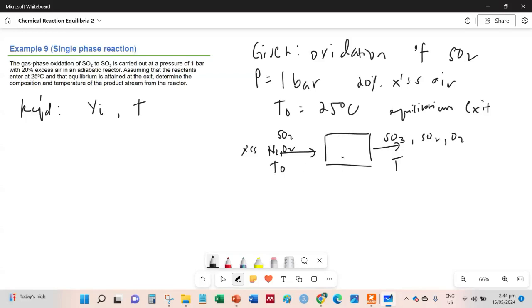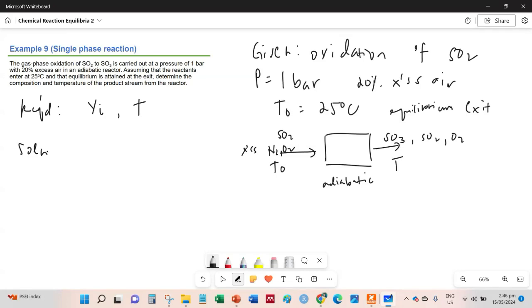The pressure is the same throughout the reactor and it's adiabatic. So the solution is, just like before, we need to get the conversion, epsilon sub E. And we also need the equilibrium constant.